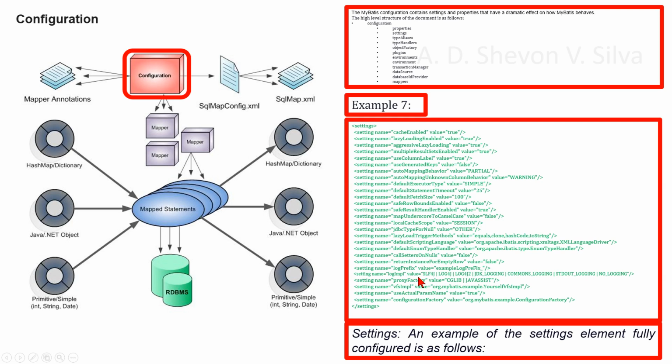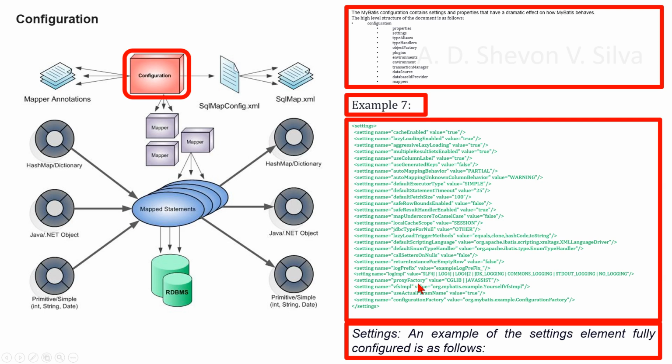Valid values are SLF4J, log4j (deprecated since 3.5.9), log4j2, jdk logging, commons logging, stdout logging, or no logging. Default is not set.